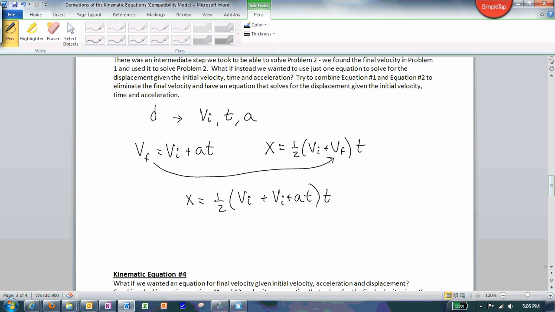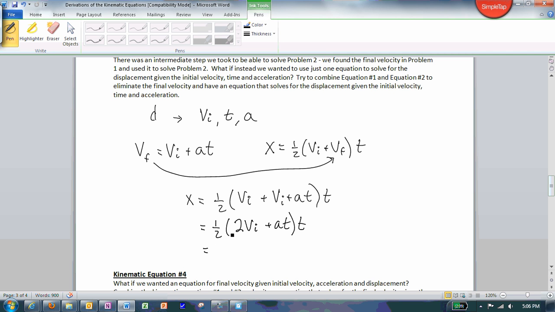Now we just need to do a little bit of simplifying. If we take this equation, v initial plus v initial is just 2 times v initial, plus at, all times t. And then I want to multiply out the 1/2 and the t.